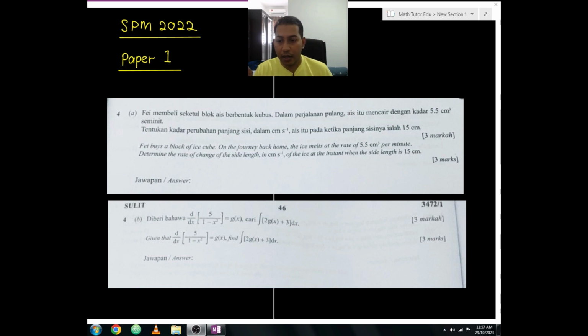So let me read the question for part B now. Given that d over dx of [5 over 1 minus x square] equals to gx, find the integral of (2gx plus 3) dx. So for question 4 part A, it consists of the differentiation concept, and for question 4 part B, it consists of the integration concept.